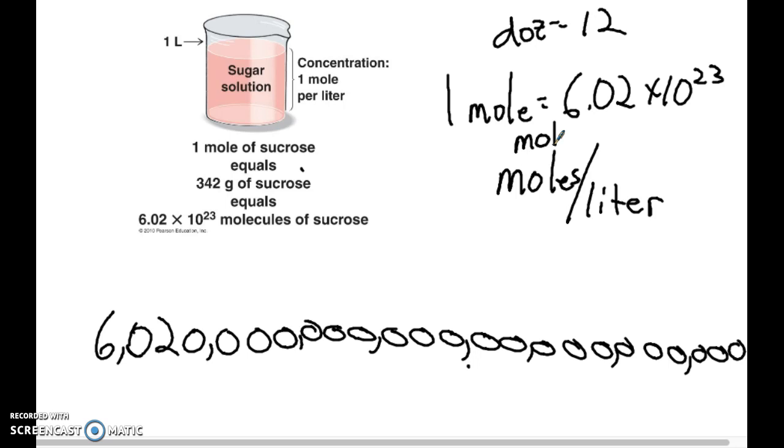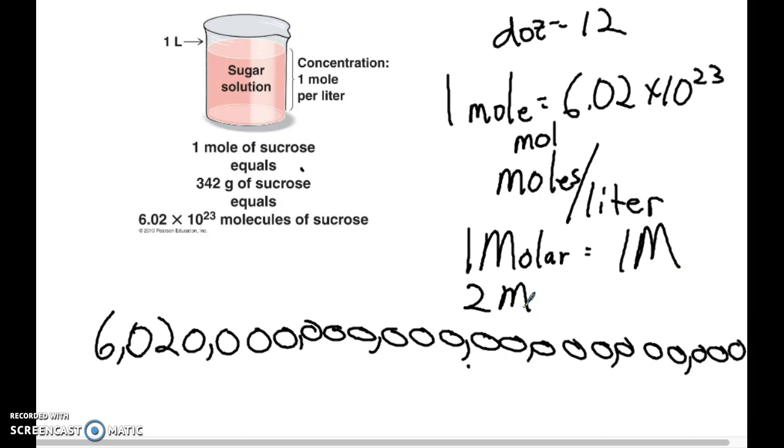So if you had this many atoms in 1 liter of water, which is a Coke bottle size, that would be a 1 molar solution, and usually we just write that 1 capital M. If we had twice as many, 12.04 times 10 to the 23rd, then we would have a 2 molar solution. If we only had half of this, 3.01 times 10 to the 23rd, then we would have a 0.5 molar solution.